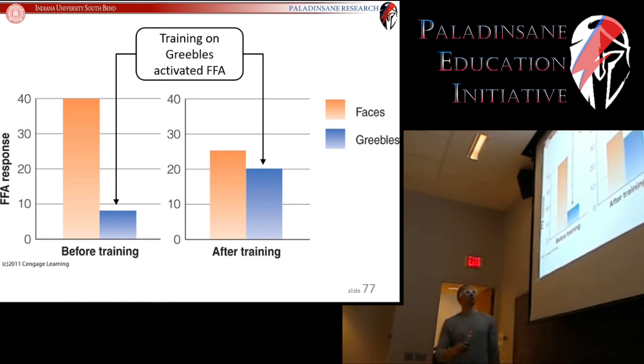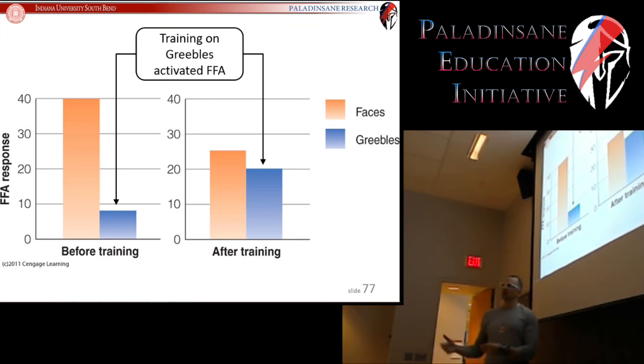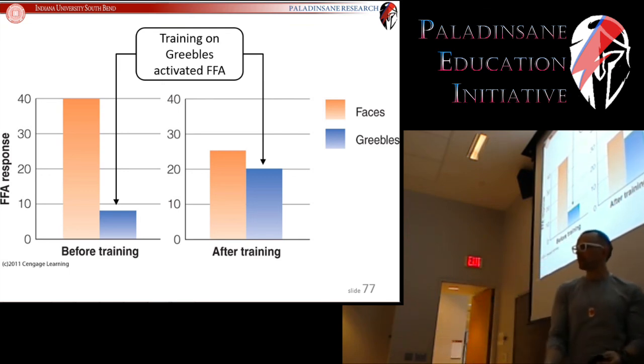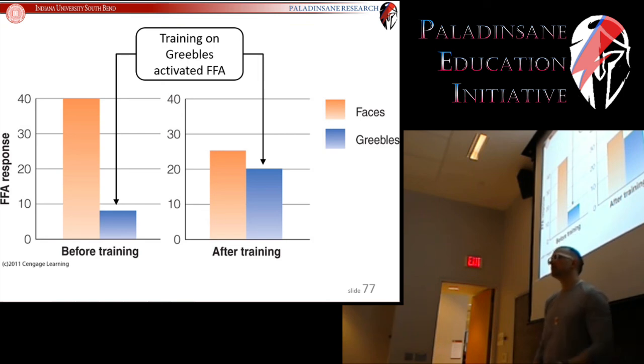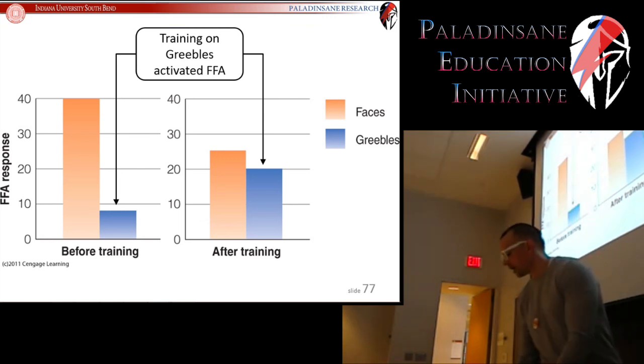Because it really looks like, well, they trained Greebles over here, so the fusiform face area is for trained stimuli. Can you still argue that it is for faces? If so, why? Can you find other examples of why it would be for trained stimuli? If so, why? That's what we're going to pick up on a week from today.